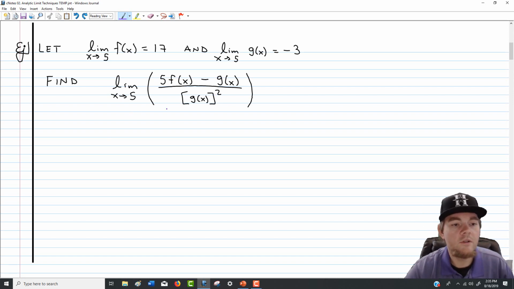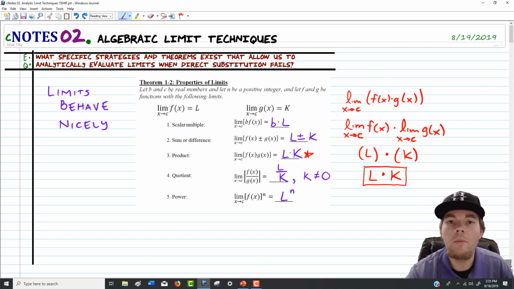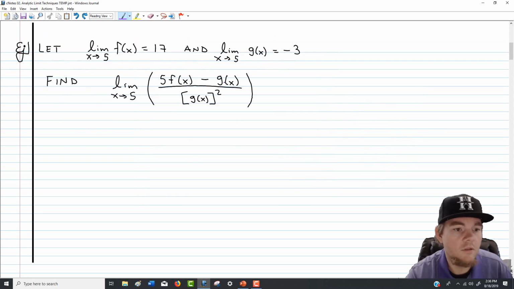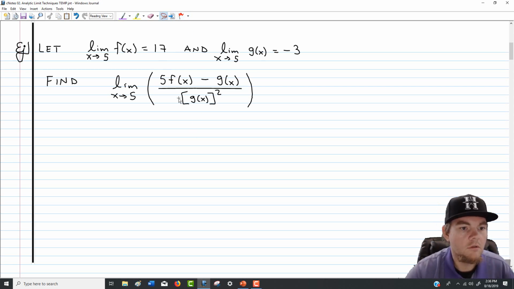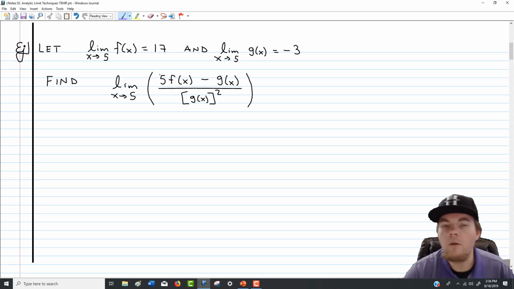Basically what I want to do is apply each of these limit properties, one after another, to that expression, 5f of x minus g of x over g of x squared. Looking at this, the strongest structure in here is probably that quotient. We've got something over another thing that we're evaluating the limit of. So the first thing I'm going to do is write this using the quotient property.